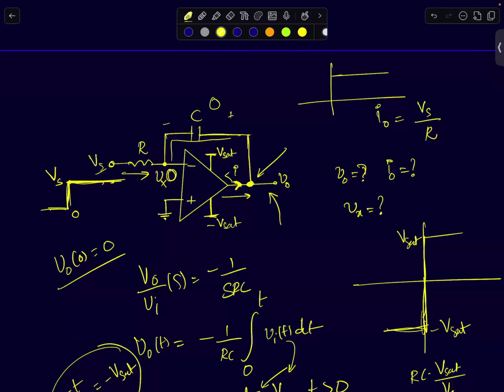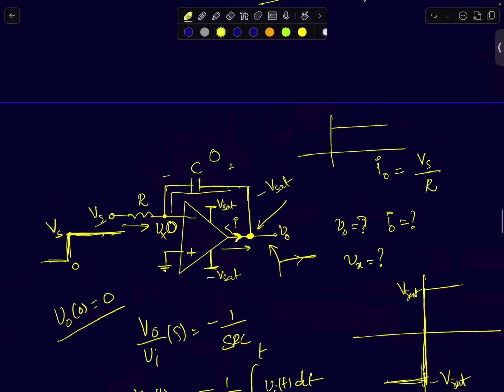Your output is not changing. If your op amp's output saturates, it's constant at Vsat, which means you are pushing the current, but this node voltage V0 is not changing. It is staying put at minus Vsat.